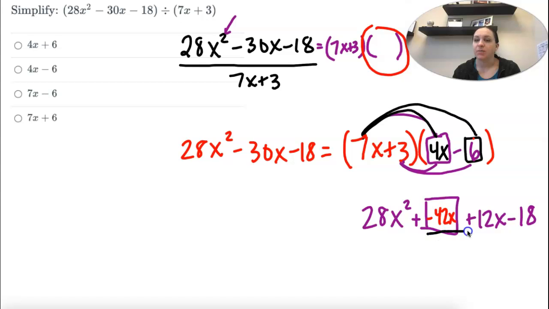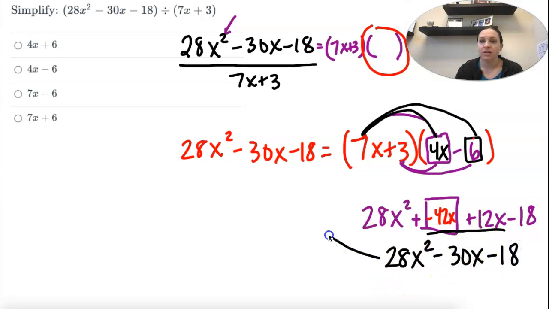So what happens? I combine these, and I get 28x squared. Negative 42 plus 12 is negative 30, minus 18. That's this, right? So my other factor up here would be 4x minus 6.